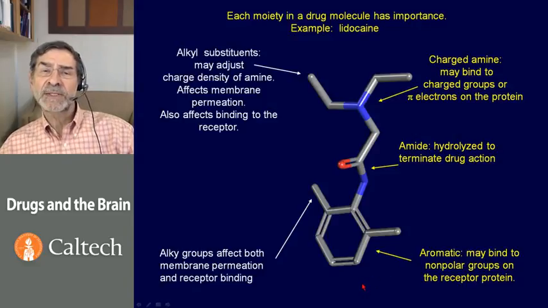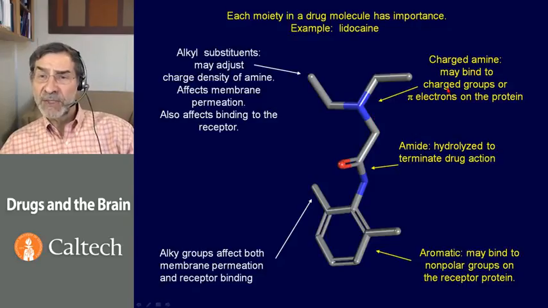It allows us to point out that each moiety, each group of atoms in a drug molecule, has importance for the function of that drug. Here in this example, lidocaine has a charged amine group, which may bind to oppositely charged groups, negatively charged groups, or to pi electrons on the receptor protein.